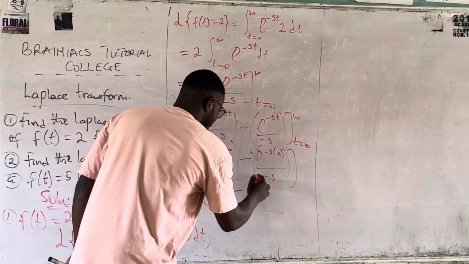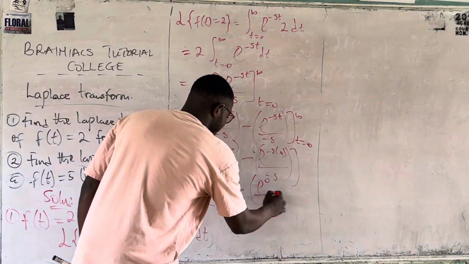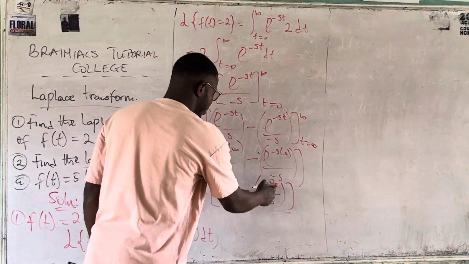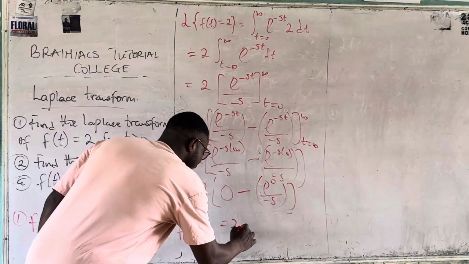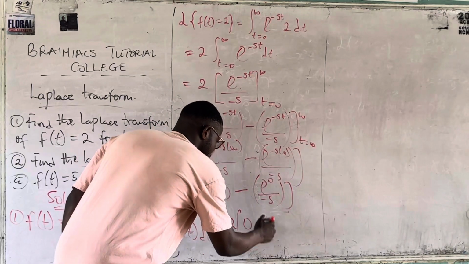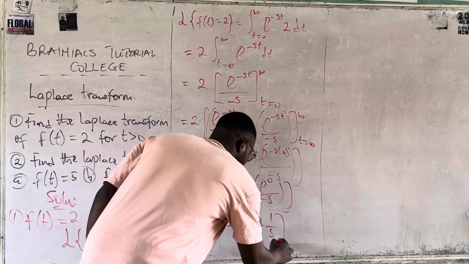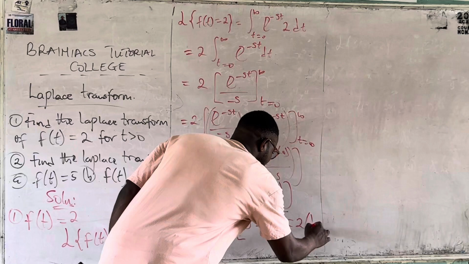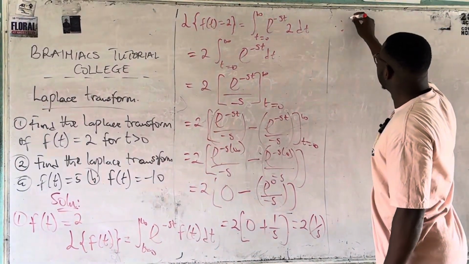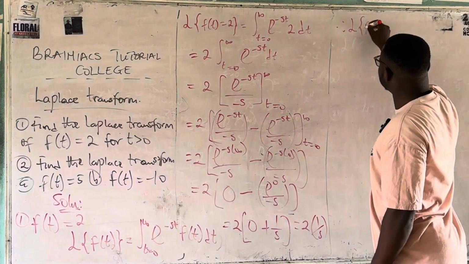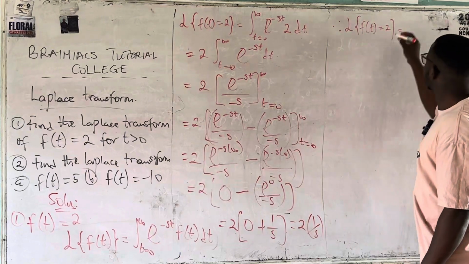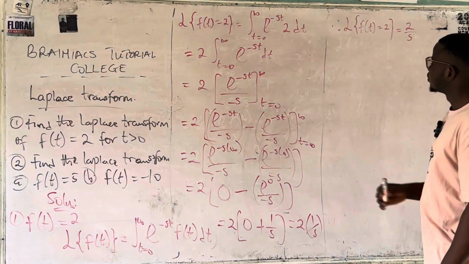Then minus, open a bracket, exponential 0 over minus s. Anything times 0 is 0, and kindly note that anything raised to the power 0 is 1. Minus times minus will give us plus, so this gives us 1 over s. So this will be 2 in brackets 1 over s. Therefore, the Laplace transform of f of t equals 2 is equal to 2 over s.